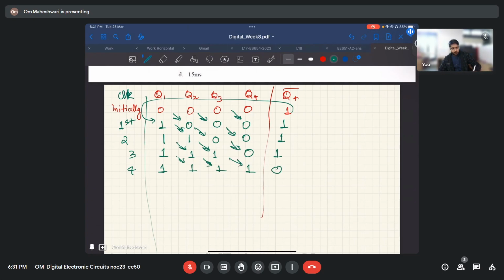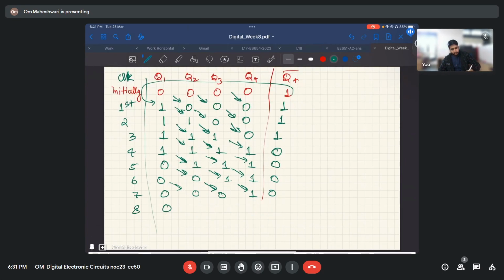Now it is 0. Fifth cycle, 0 will be the input, and these ones will shift. 6th cycle, again 0 is the input. 7th cycle, we have 0 input and these zeros will shift.